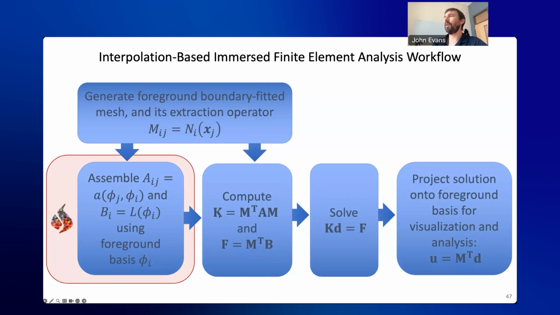Then we compute K and F from A and B and the extraction operator as described before. Then we solve KD equals F for D. And then we project the solution onto the foreground basis for visualization and analysis. All we do is take that displacement vector D, hit it with M transpose, and this gives us foreground degrees of freedom that we can utilize within ParaView.